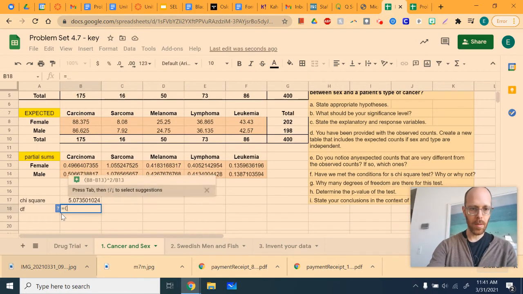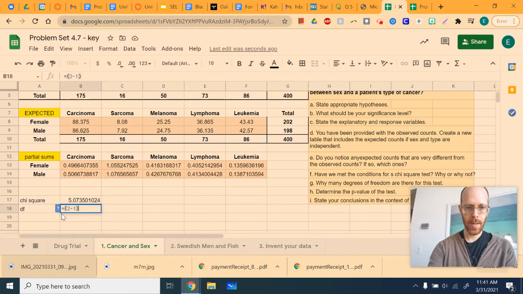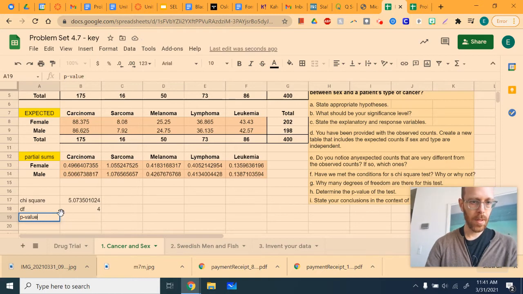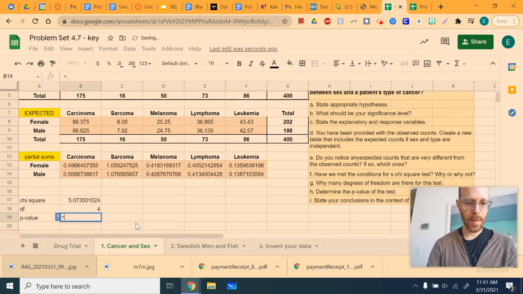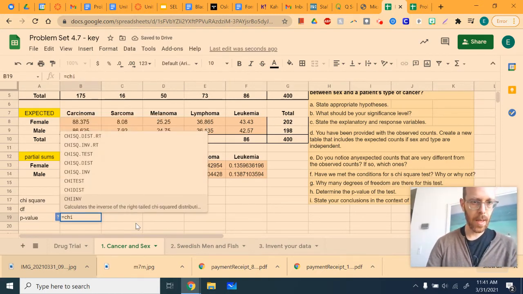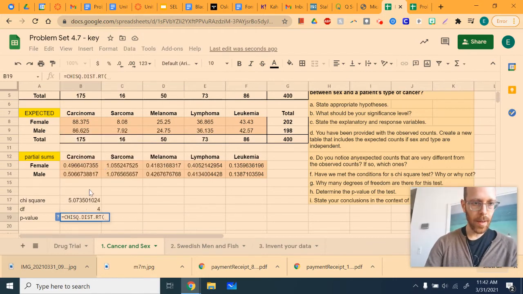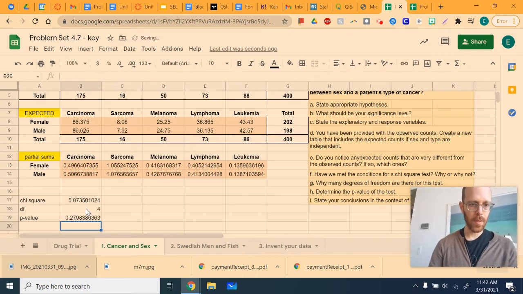So this would be equal to 2 minus 1 multiplied by 5 minus 1, which is going to give us 4 degrees of freedom. And therefore, our p-value, the same formula that we used last time, would be chi-square distribution, where this is our chi-square and this is our degrees of freedom. So we get 0.279, all right, pretty large p-value.